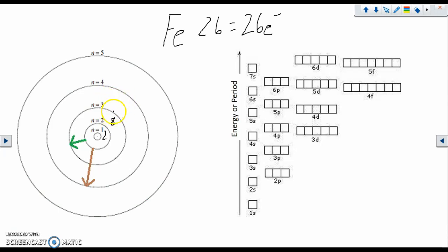However, I only need a space for 26 electrons. So for iron, the arrangement is 2 in the first energy level, 8 in the second energy level, and 16 in the third energy level. So that's one way we can symbolize the number of electrons in electron configuration.